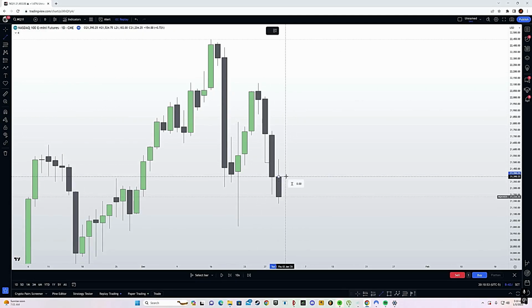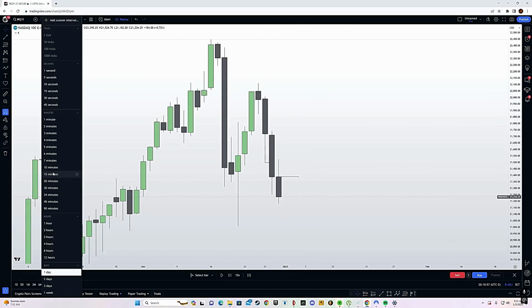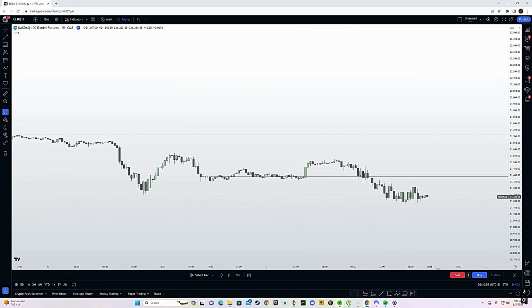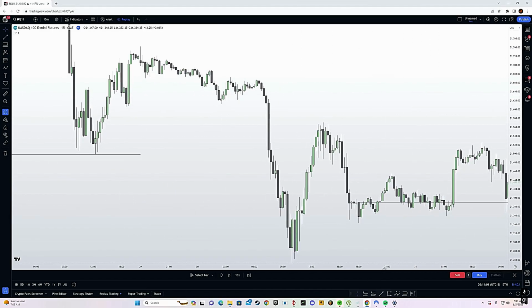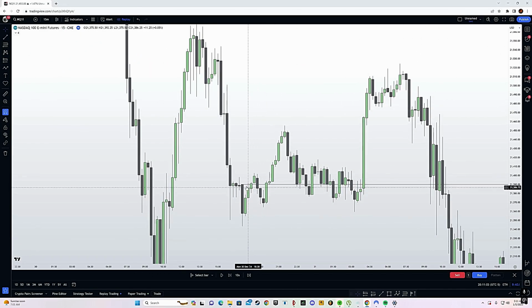Now, if we mark out the open price of the third day and we drop down to 15 minutes from here, we have this opening price. Look to the left side of it. Always look to the left side of it and identify short-term lows, highs, equal lows, equal highs.